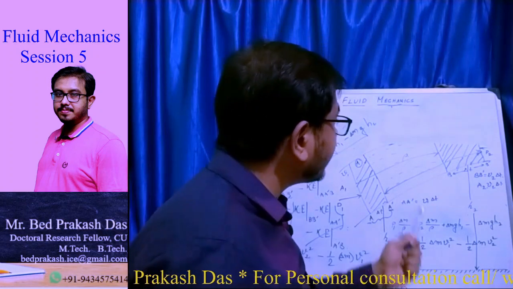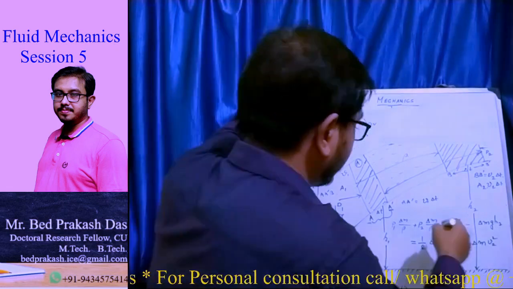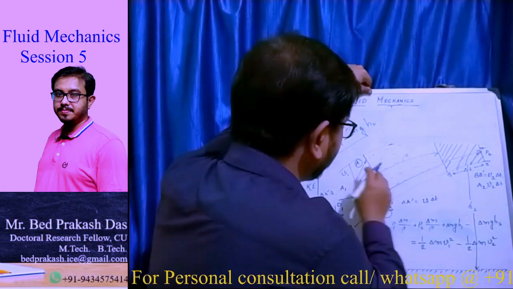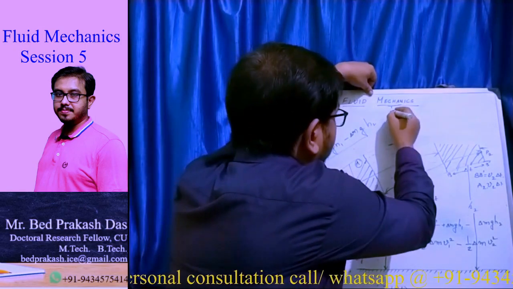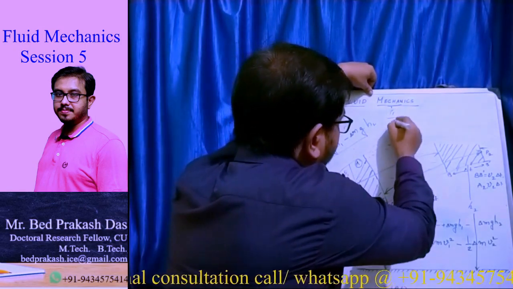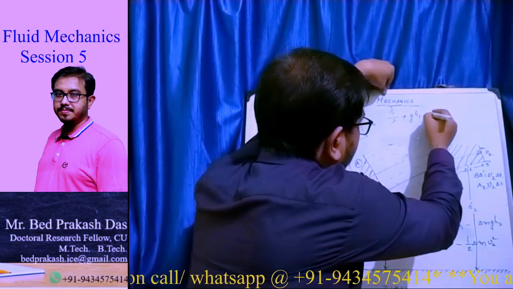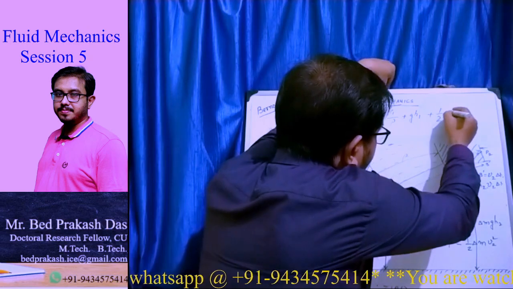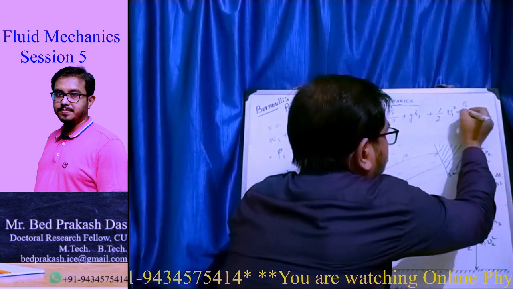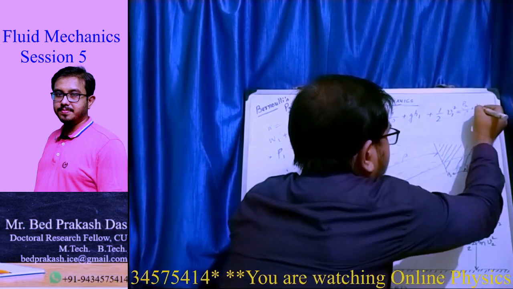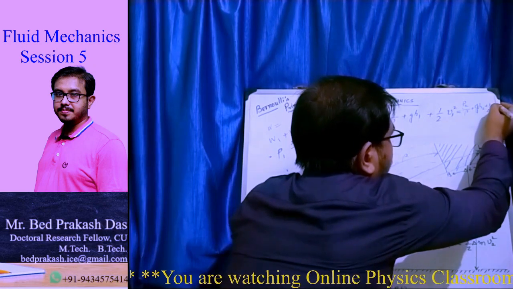From here, rearranging the equation from either side, we can write delta m, that is the mass of this amount of liquid, as common from this case. We can write P1 by rho plus gh1 plus half v1 square is equal to P2 by rho plus gh2 plus half v2 square.